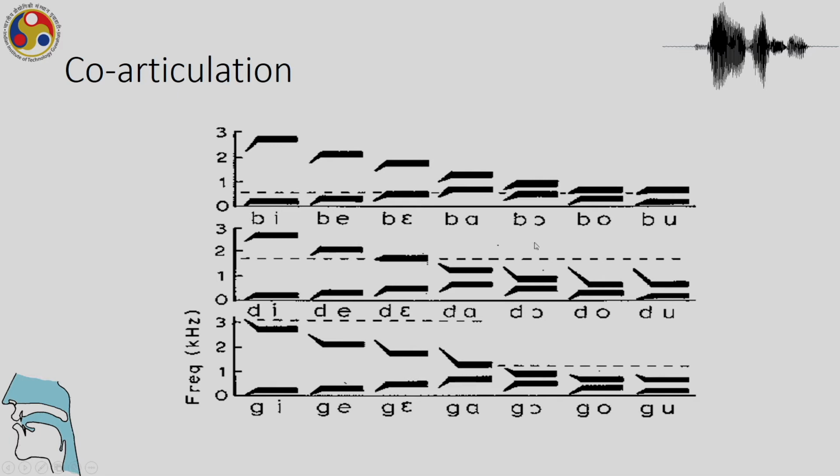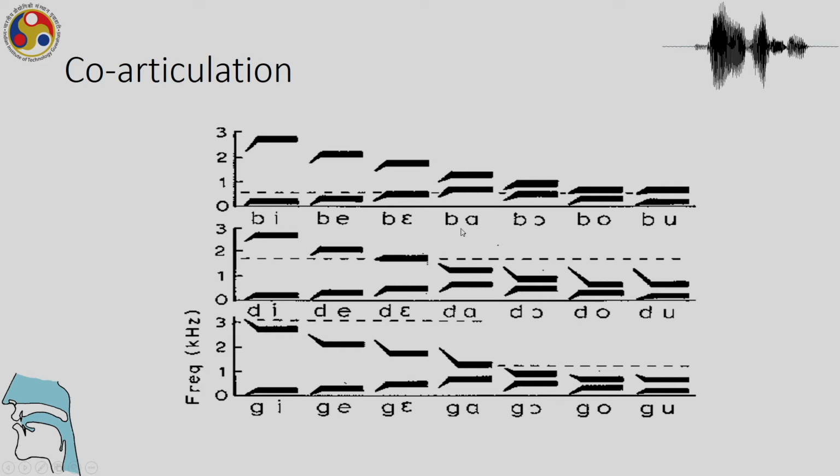And apart from voice onset time and categorical perception, we also saw co-articulation, how formants and transitions can change based on the following vowels. And these are three consonants, and we saw that irrespective of whether it is the same consonant or not, depending on the following vowel, transitions could be different.